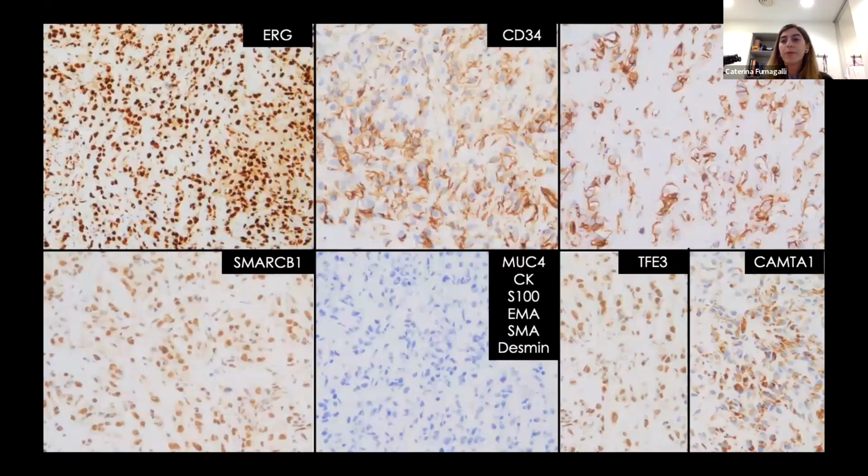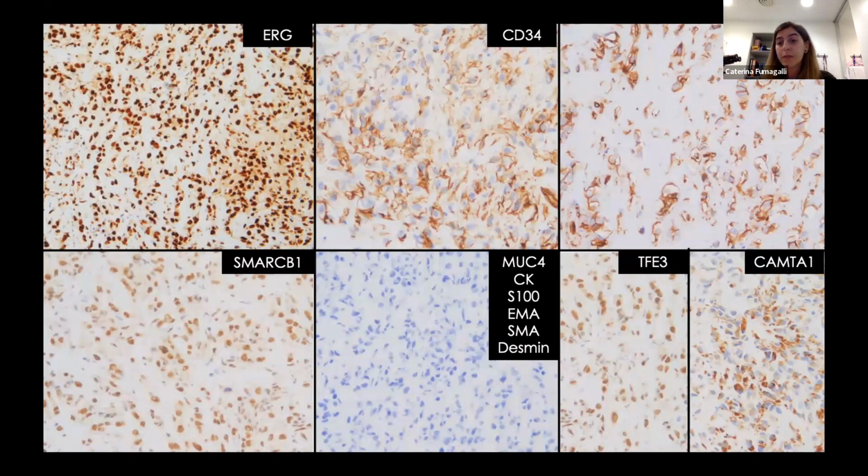The immunohistochemical profile showed that the tumor was positive diffusely for ERG, CD34, CD31. SMARCB1 was preserved. There was negativity for MUC4, cytokeratins, S100, EMA, SMA, and desmin.